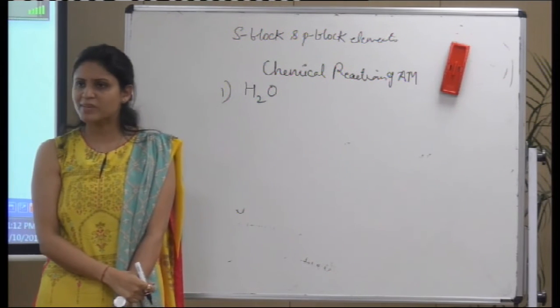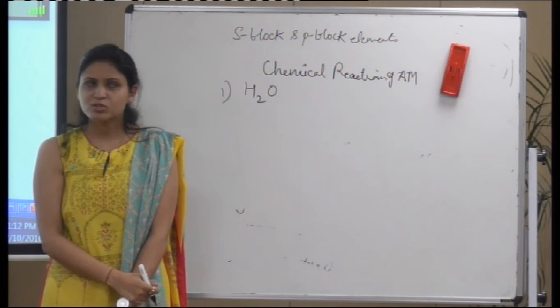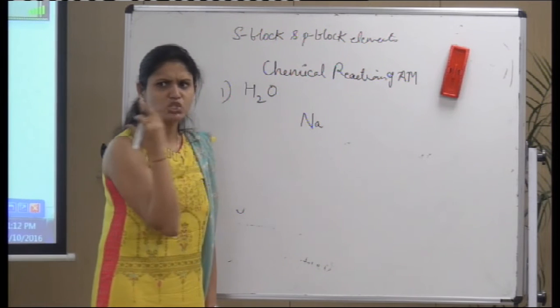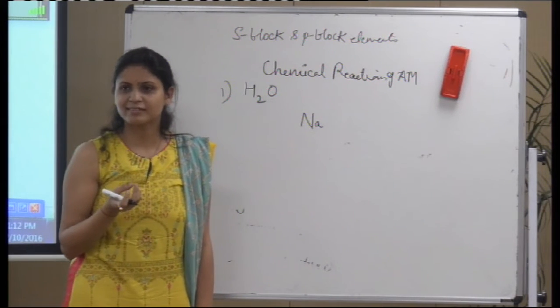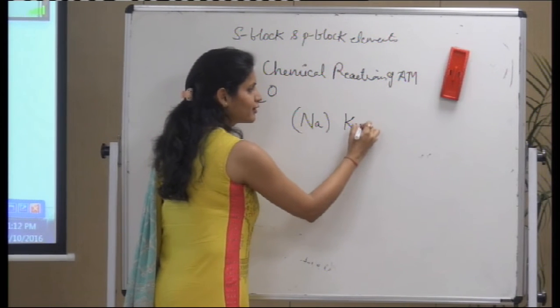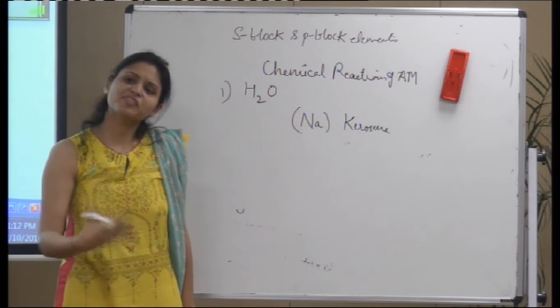All of you have performed the experiment in the lab for the sodium metal. Have you noticed that the sodium metal was kept under some liquid in the china dish? What was that? Kerosene. Why so? Why not water? Why does it react with water? How does it react with water?